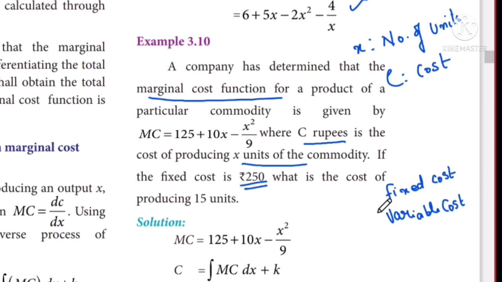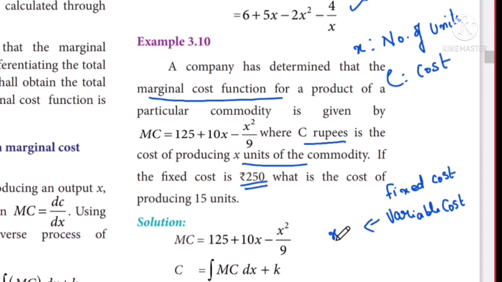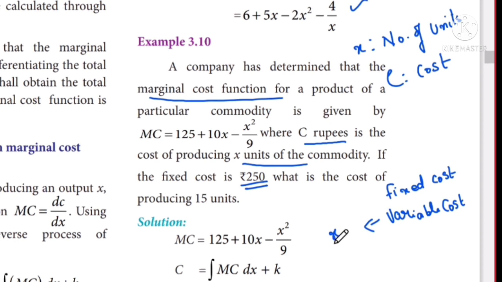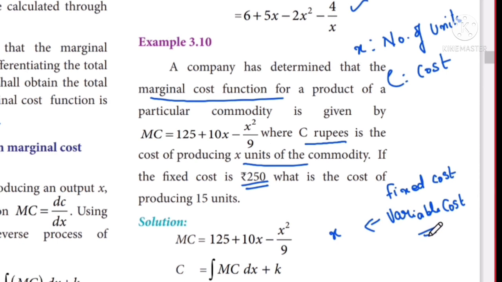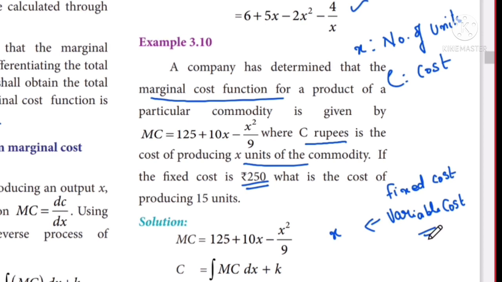Variable cost is depending on the number of outputs. Suppose you are manufacturing shoes. When x is the number of shoes, when you increase it, the cost will increase. If you manufacture 100 shoes, the cost is some 1000. If you manufacture 200 shoes, the cost will be something else.